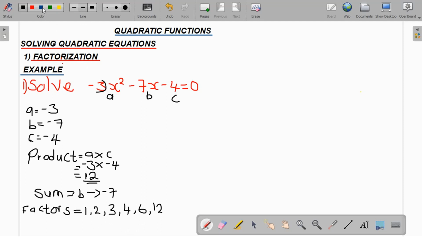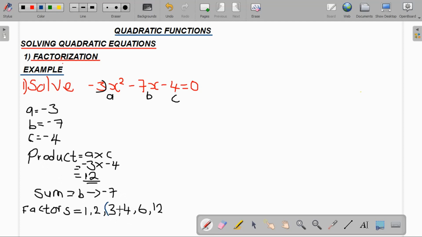From these factors, we're going to choose 2 factors. Those 2 factors, when we multiply them, should give us the product. When we add them, they should give us our sum, because sum is addition and product is multiplication.